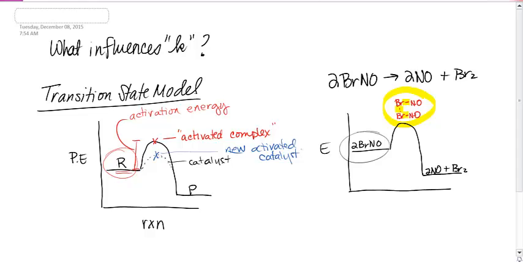So we end up with a new activated complex, but it doesn't take as much energy to get there, which is why it has a lower energy pathway. How about that? That might make more sense. There's a different activated complex when you get a catalyst involved, and it happens to take place at a lower energy.